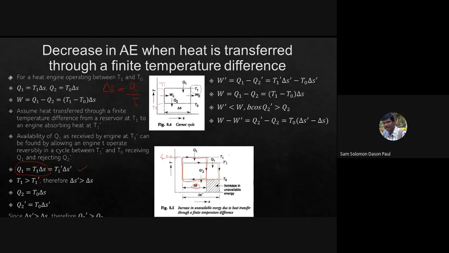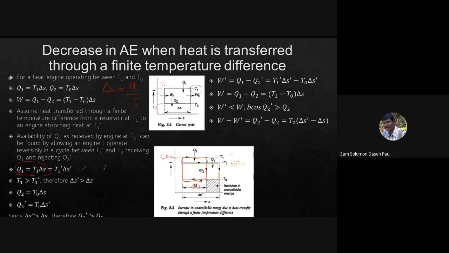Just as an example, we have taken T1 dash as 350 Kelvin. Because T1 is greater than T1 dash, your delta S dash is greater than delta S.